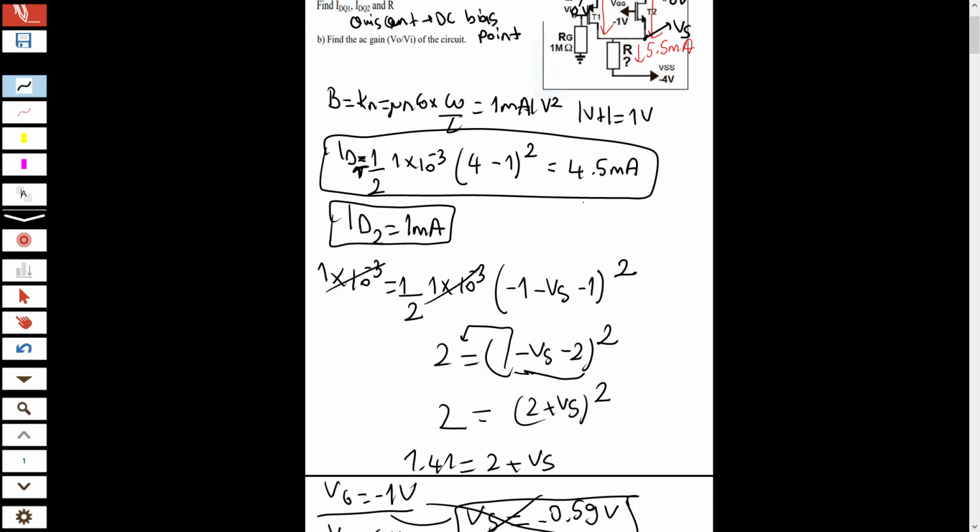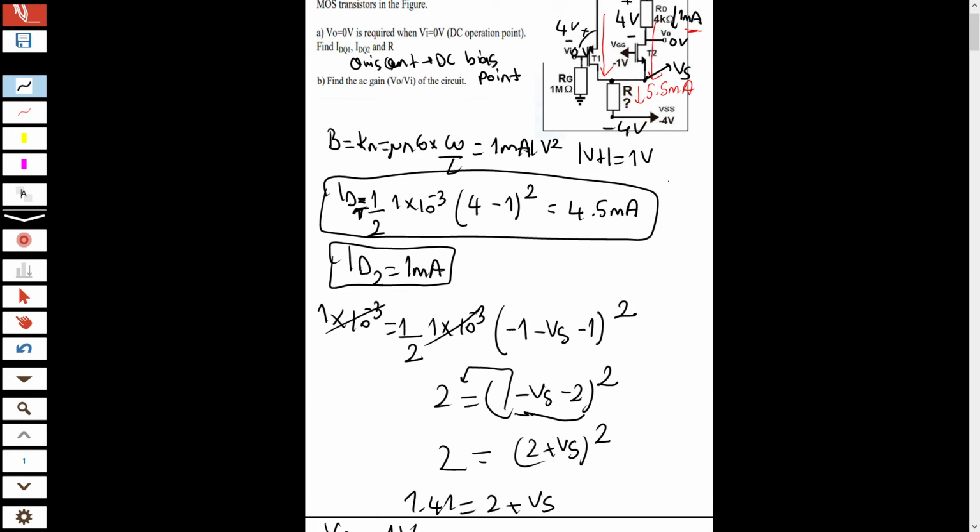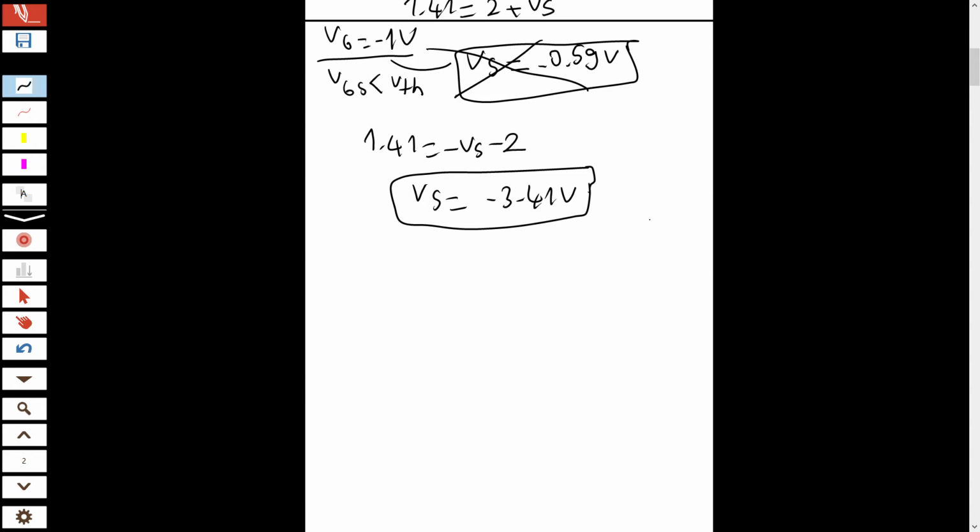If I know V source here and this is minus 4 volts, I can find R because I know there is 5.5 milliampere here. So minus 3.41 minus minus 4 volts, divided by 5.5 milliampere, will give me the R value.